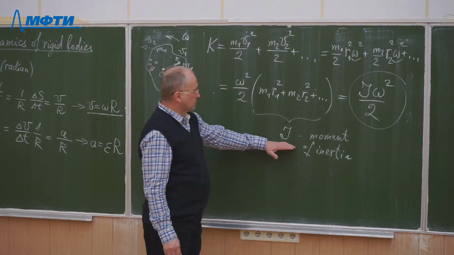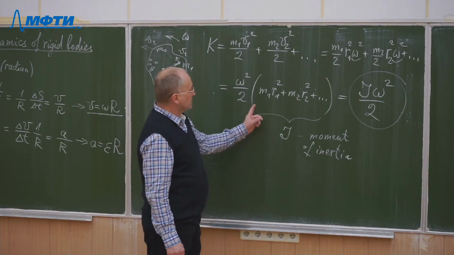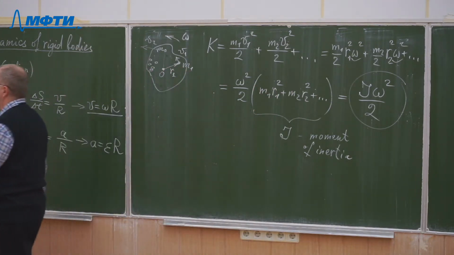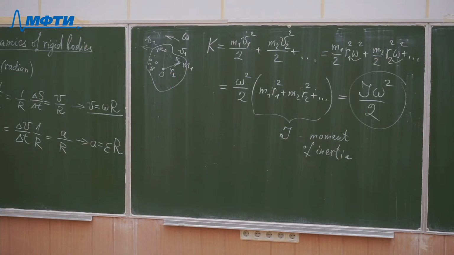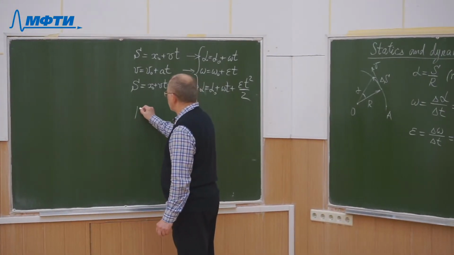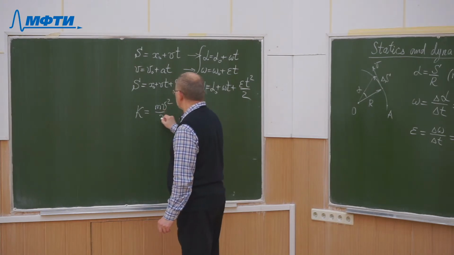This physical quantity, moment of inertia, plays the role of mass for mechanical motion. In translational motion, kinetic energy is mv squared over 2.